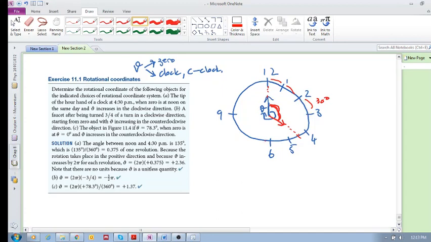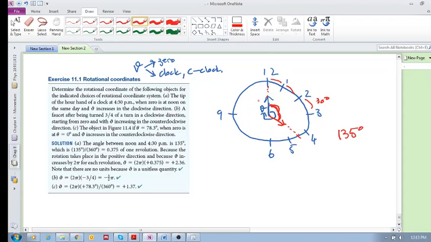So each of these is 30 degrees. So this angle over here is 90 degrees plus 30 plus half of 30. So that entire angle is 135 degrees.